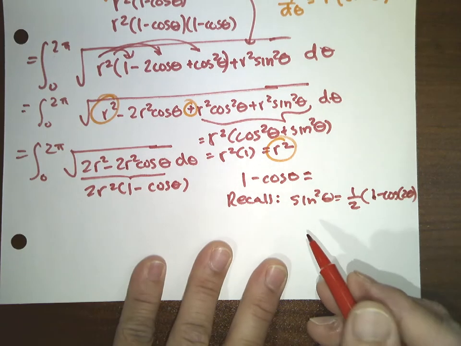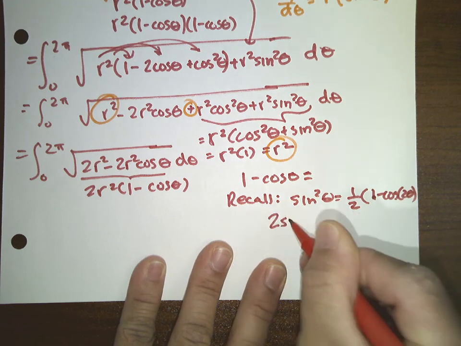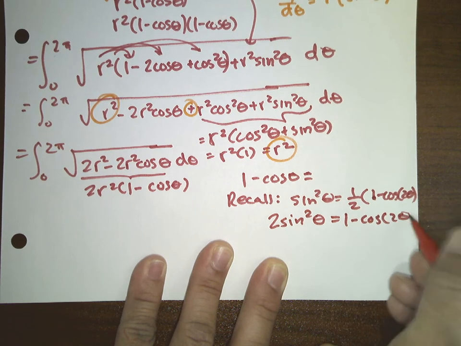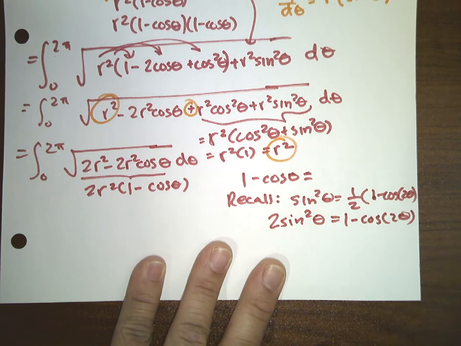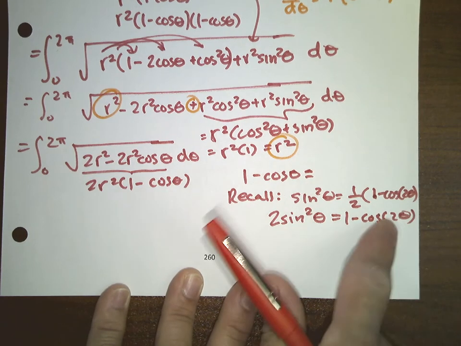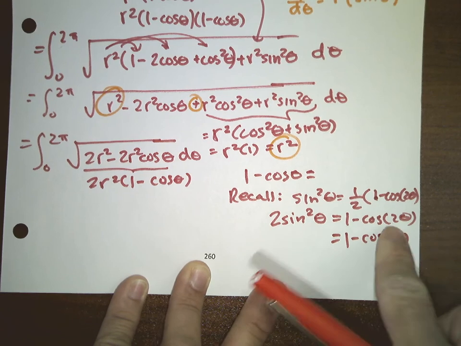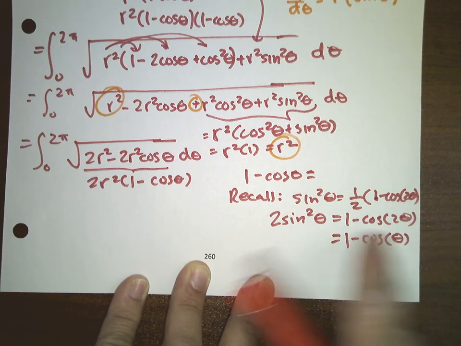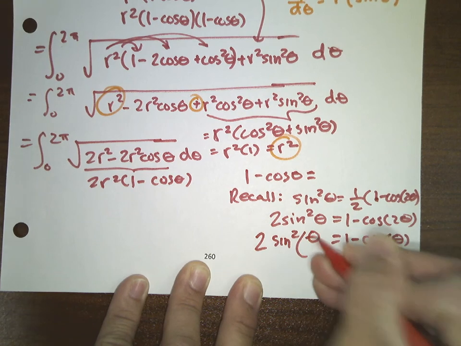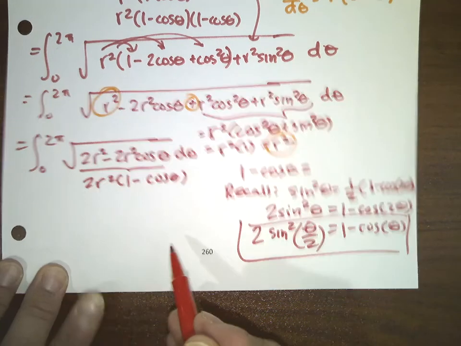And then if I multiply by 2, 2 sine squared theta will be 1 minus cosine of 2 theta. And then if I want this to be theta and not 2 theta, then I really divide the thetas by 2, right? So that got divided by 2, so this one needs to be divided by 2. So it's 2 sine squared of theta over 2. So that is what 1 minus cosine of theta is equal to.